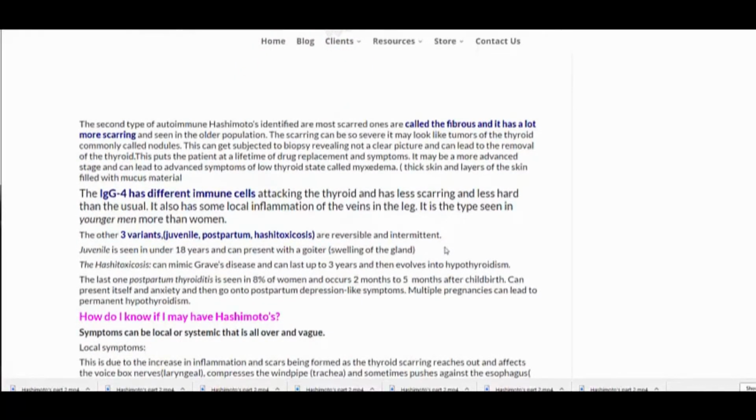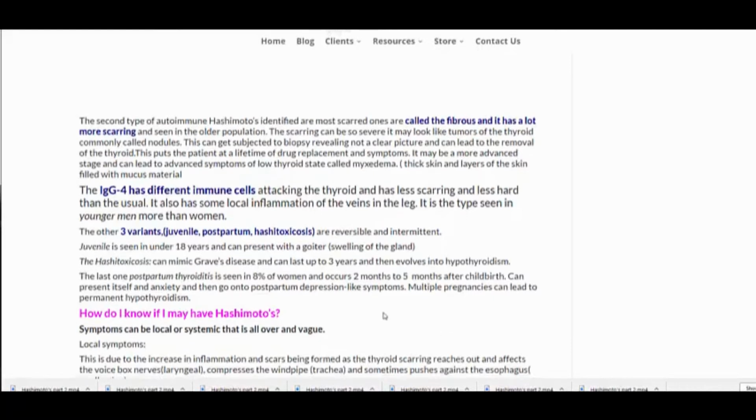When you do a biopsy, it may come back as equivocal, which means they don't know if it's benign or malignant. And this is what leads to, unfortunately, removal of the thyroid gland. And then you're kind of put on a lifetime of drug replacement. What we really think is that the fibrous form of Hashimoto's is a far more advanced form of the classic Hashimoto's.